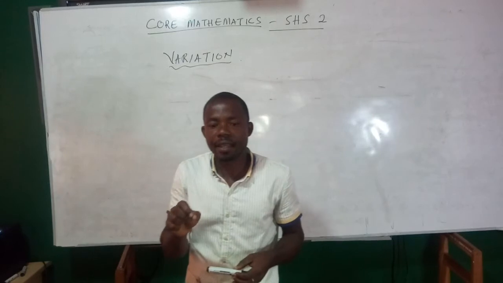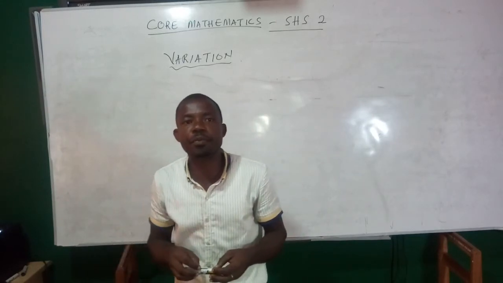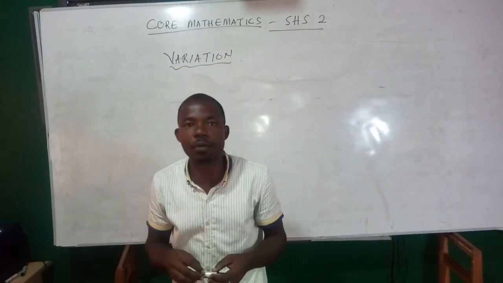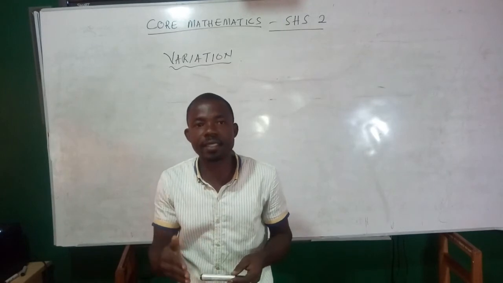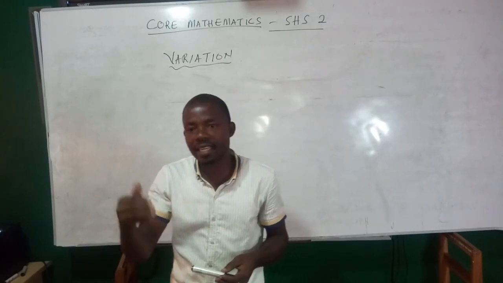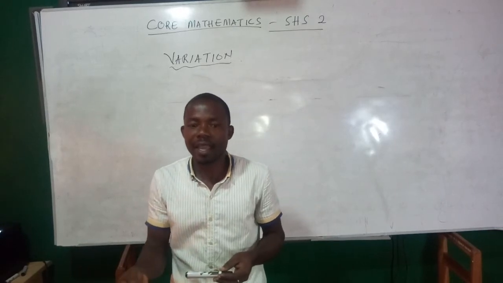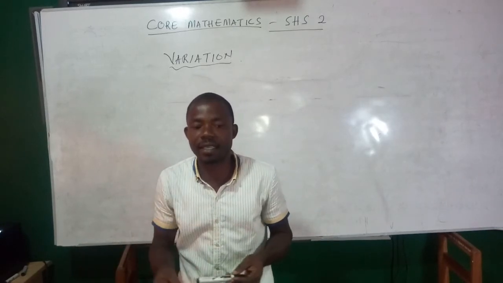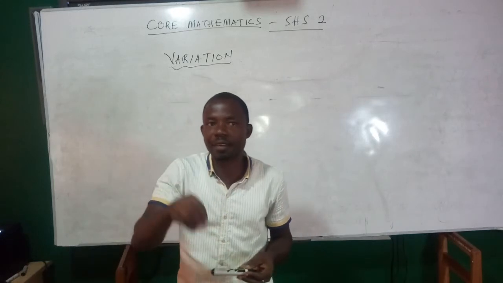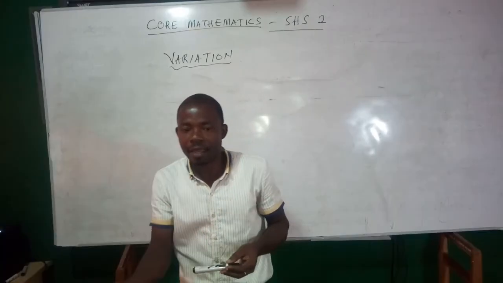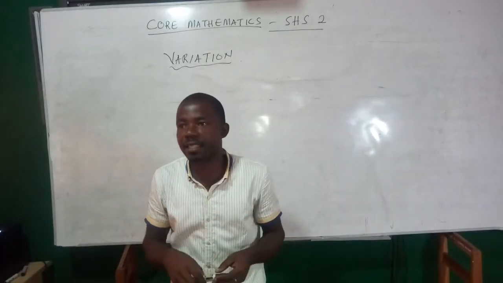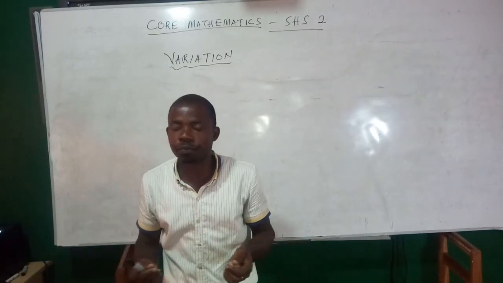Variation is the relationship between two or more variables such that when there is an increase in one variable, there is an increase in the other variable, and when there is a decrease in the one variable, there is a decrease in the other variable.